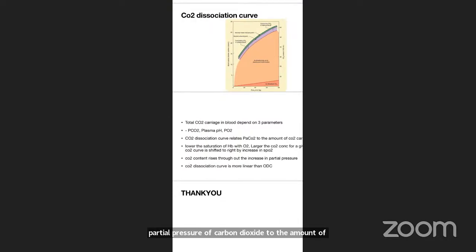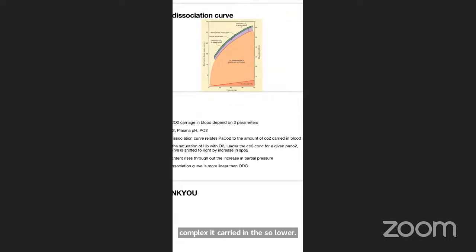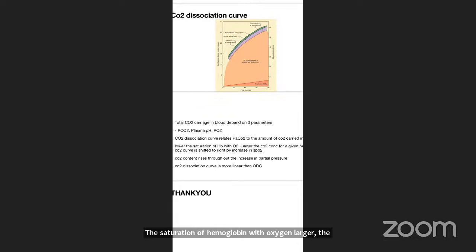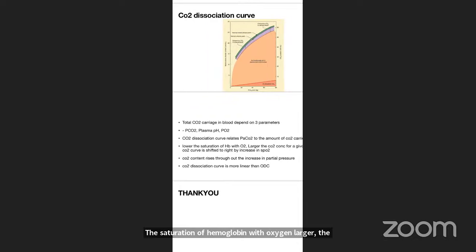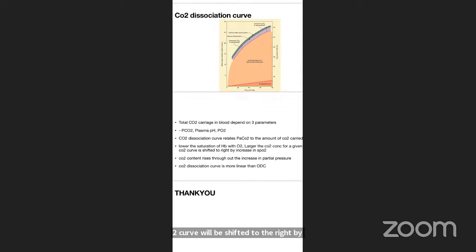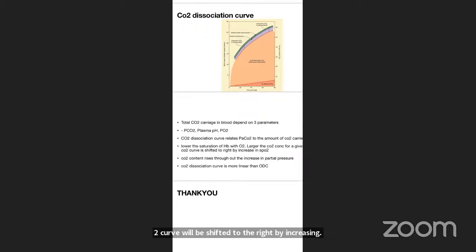So lower the saturation of hemoglobin with oxygen, larger the carbon dioxide concentration for a given PaCO2, and the CO2 curve will be shifted to the right by decreasing SpO2. Carbon dioxide content rises throughout the increase in partial pressure. The carbon dioxide dissociation curve is more linear than the oxygen dissociation curve.